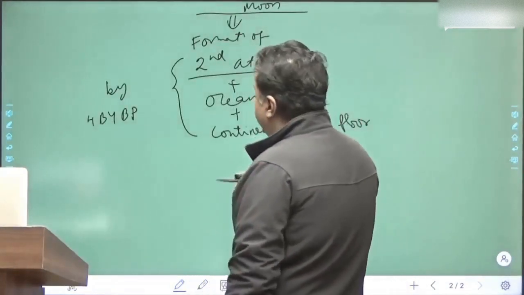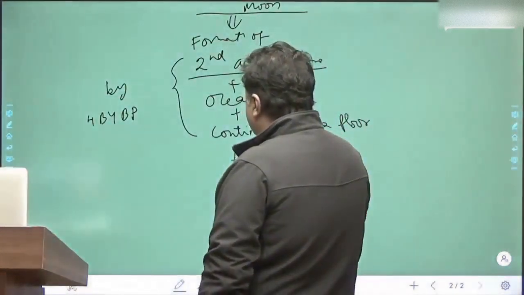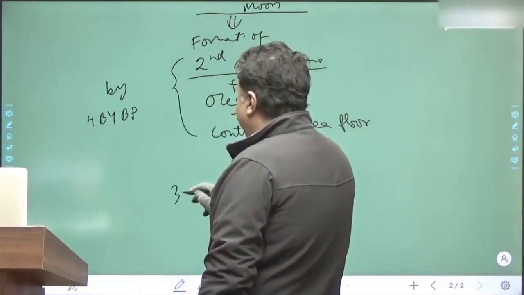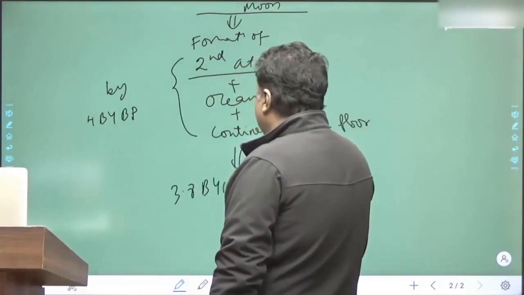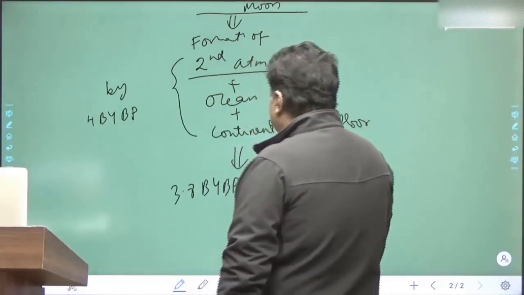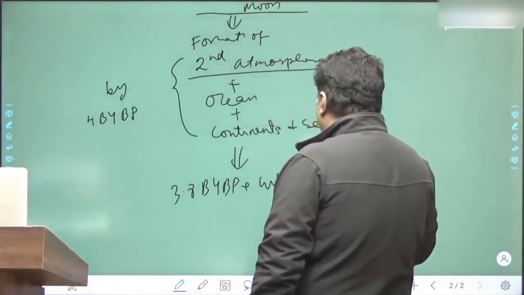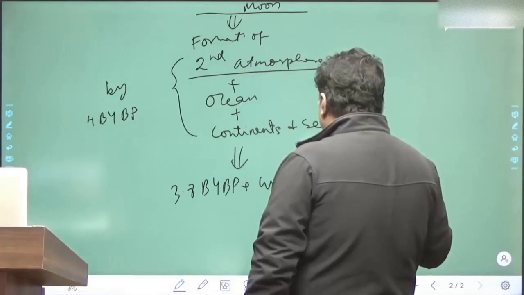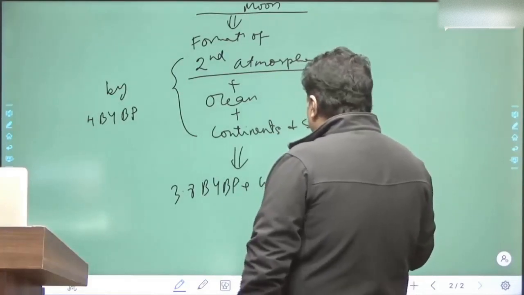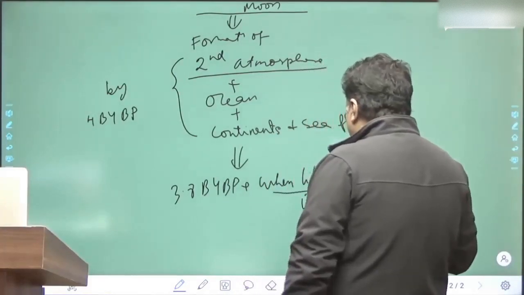So around 4 billion years before present this happened, and then we came to 3.8 billion years before present when life evolved in oceans. This also we understood, the whole sequence.